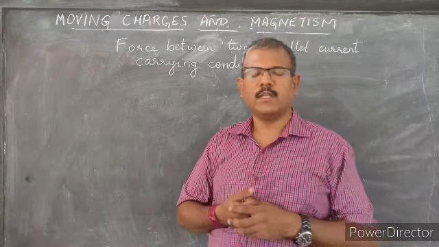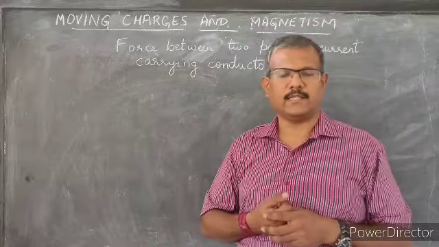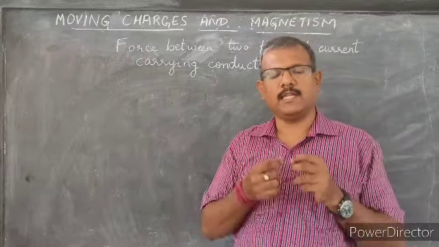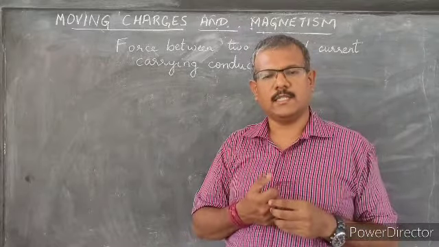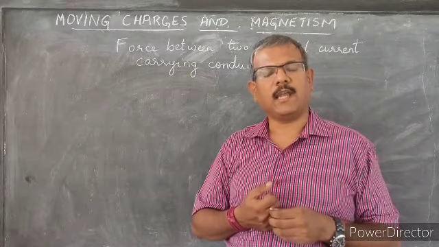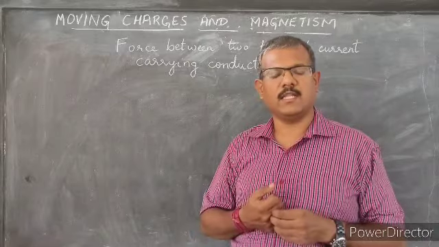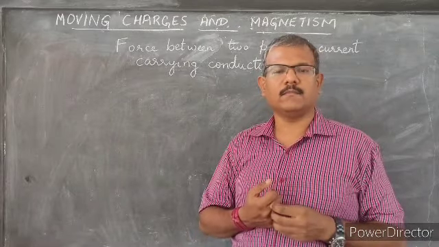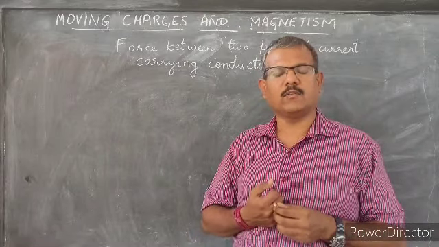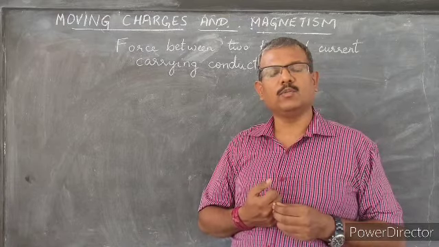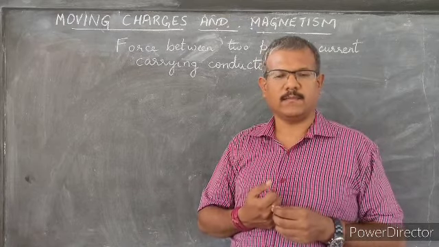So now, if I consider two straight conductors carrying some current each, and they are placed at a certain distance from each other, then the idea is to find out how the two would get influenced by each other.